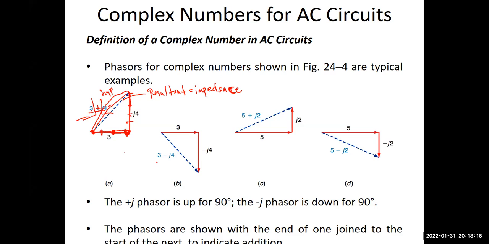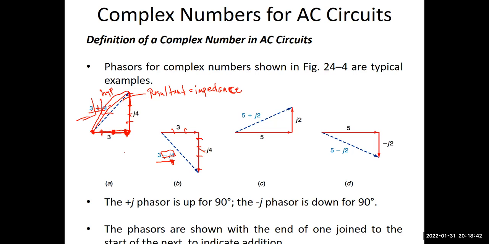So how about 3 minus J4? So sinasabi lang in phasor analysis that we have 3 units present in the real axis. So we have 3 units in the real axis and then we have, since this is negative J4, so we have 4 units going down because the J4 is negative.